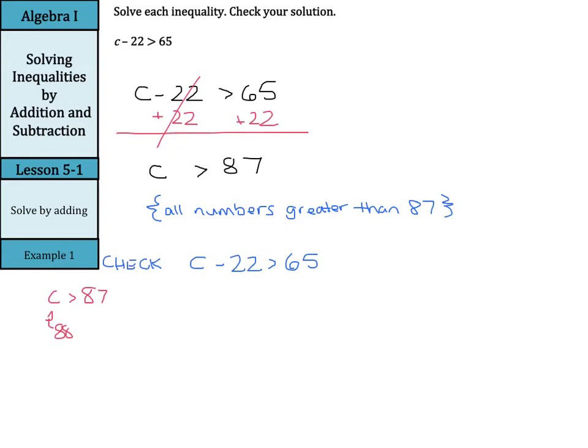So if we put the 88 in, since 88 again is greater than 87, 88 minus 22 needs to be greater than 65. And ta-da, 88 minus 22 is 66, and 66 is greater than 65, so it checks out. All numbers greater than 87, c is greater than 87, is our solution, and it checks out.